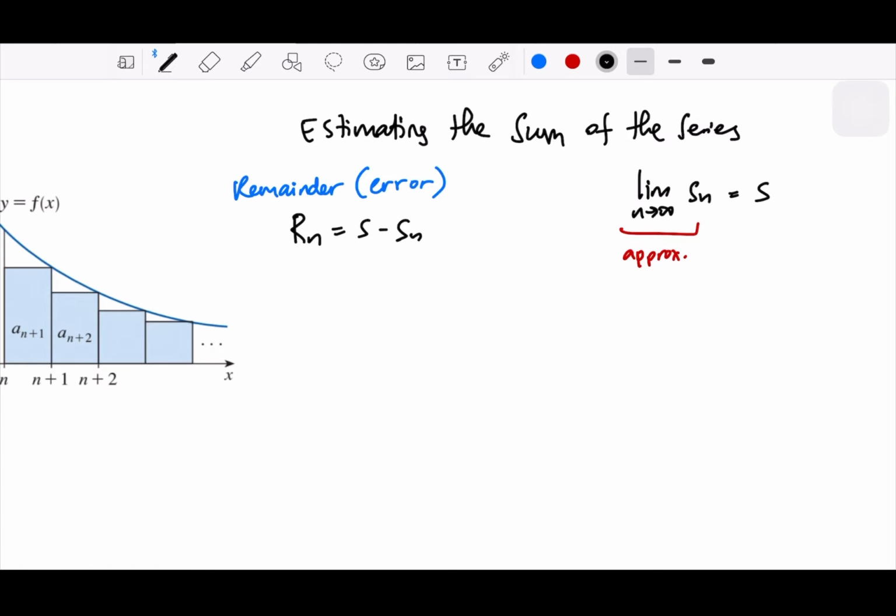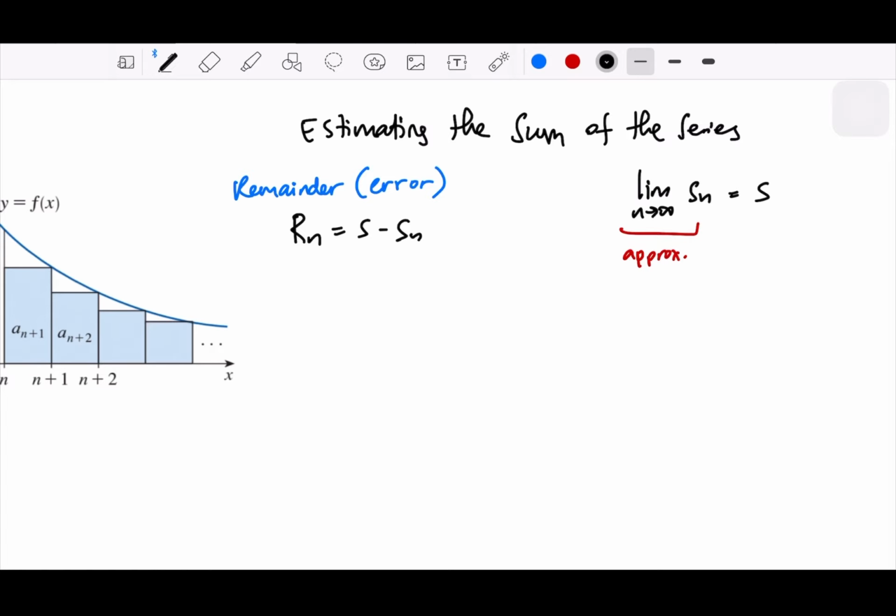Because for sure there will be this gap, right? This is clearly a really huge gap, but for example, if we cut the rectangles really small, maybe the error will be smaller. So that's how we can observe the error.